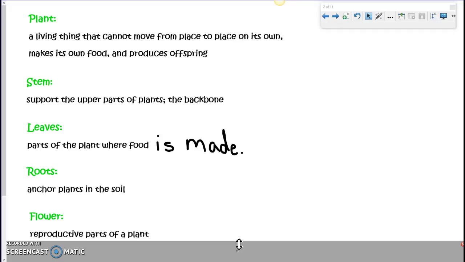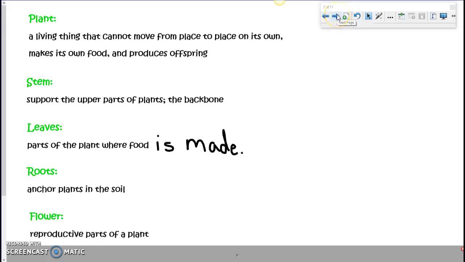Yes, it is the top part of the plant where the petals are, yes, and that is where the plant makes its babies. Alright, let's see what's next. I'll keep it here for a second for you to copy it down. When you've copied it, please hold your thumb in the air.